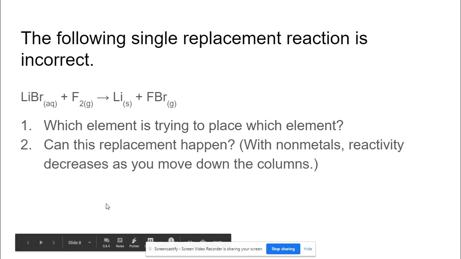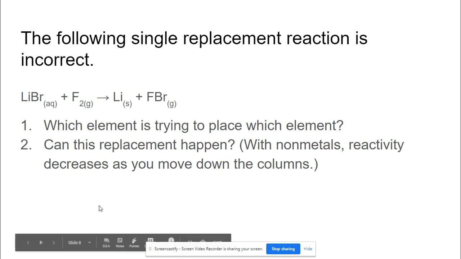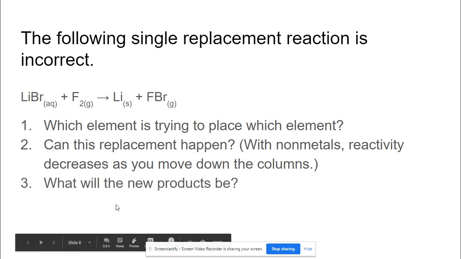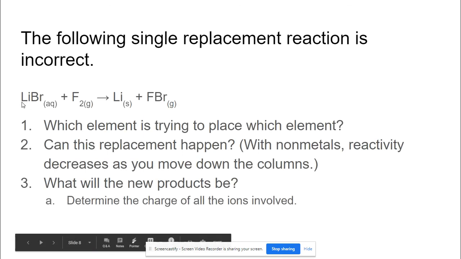The second question we have to ask ourselves is, can this replacement happen? In other words, is the fluorine more reactive than the bromine? If you look at that list of halogens on your periodic table, fluorine is the most reactive nonmetal, so it is more reactive than bromine and it can replace it. So the next thing we need to do is figure out what the new product should be. So let's take a look at the charges of all of the ions.